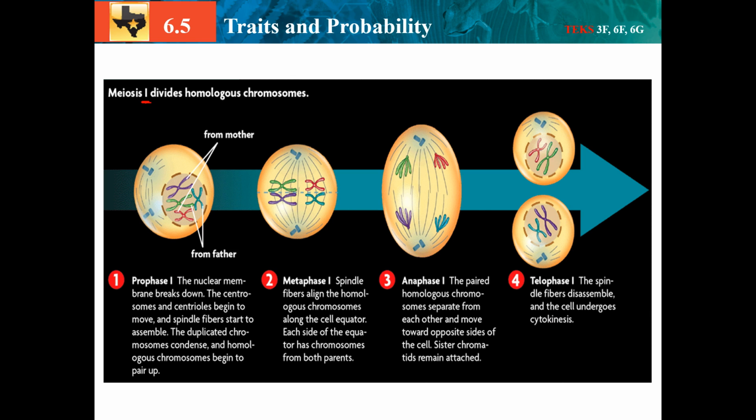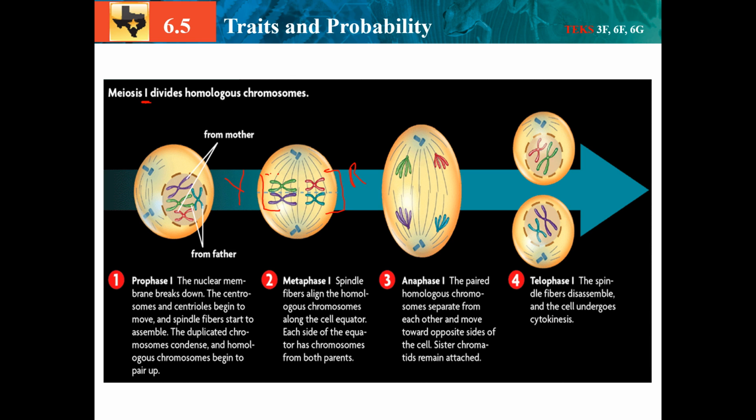So imagine that these 2 chromosomes right here were our seed color, and then these 2 chromosomes right here were referring to the seed shape. What the law of independent assortment says is that how these chromosomes, the ones that determine the color of the seed, travel in meiosis to the 2 different cells is independent, meaning not dependent upon how the chromosomes that determine the shape travel.